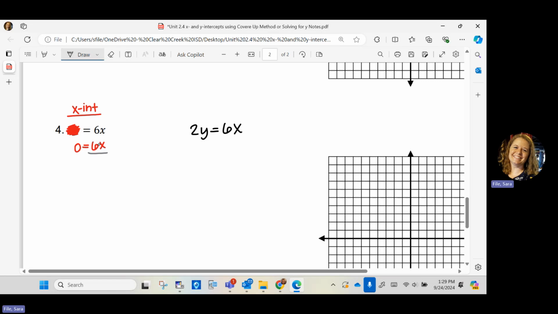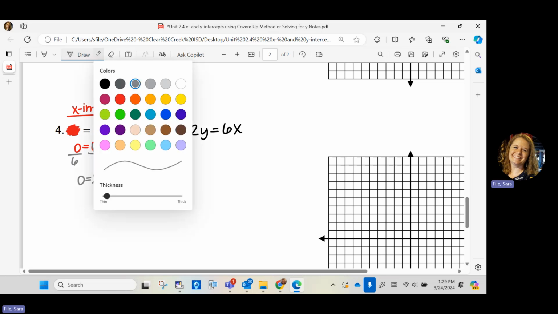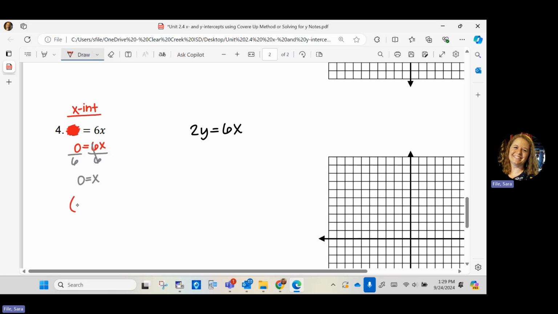I want to solve for x. How do I eliminate that 6 that's being multiplied? Do the opposite, which is divide. And 0 divided by anything is still 0. So I get 0. I plugged in a 0 for y and I got a 0 for x.